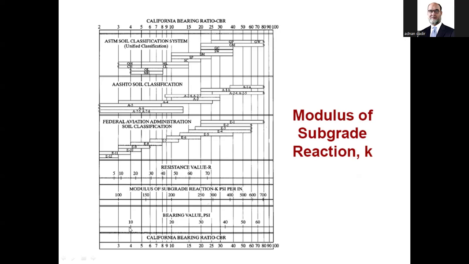For instance, if it is 10, you draw the perpendicular, and you find that for 10 psi, you get a CBR of 4. And if your value is 20, then it's 10. So based on this chart, you can always extrapolate the CBR value.